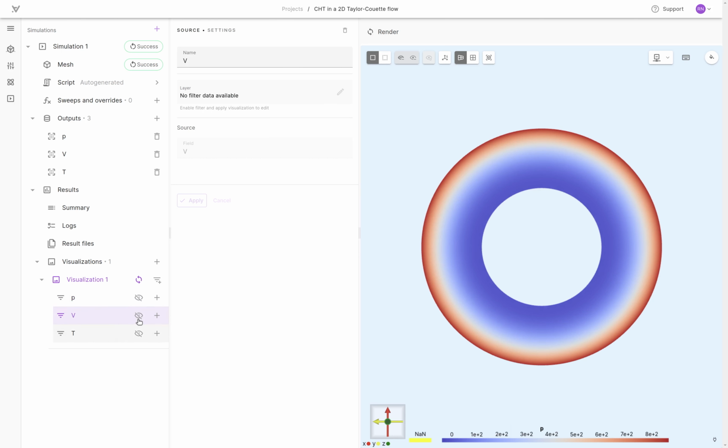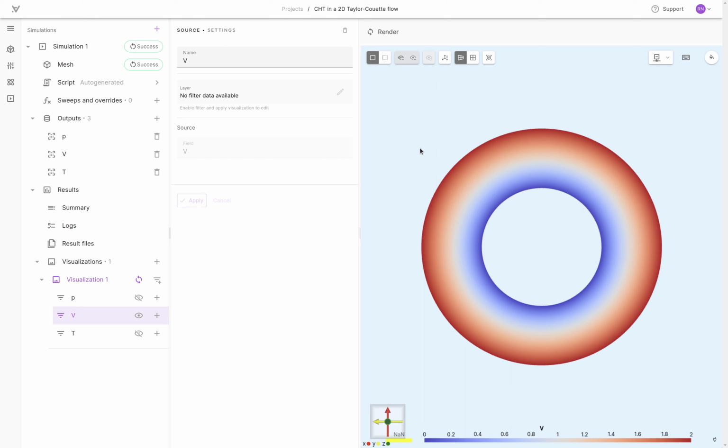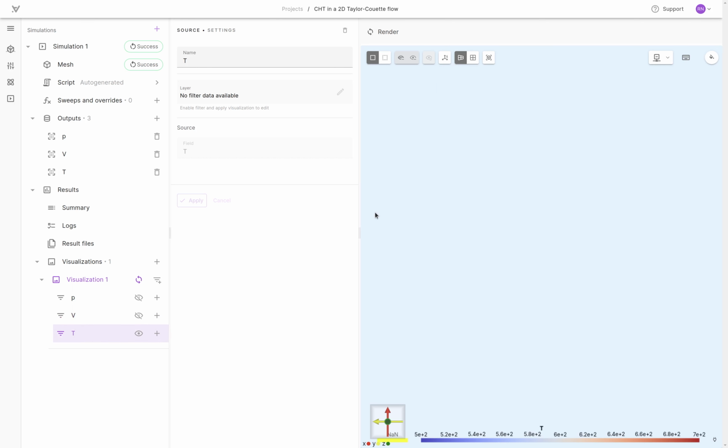Similarly, we can also visualize the velocity profile in the fluid domain. Then lastly, we can see the temperature profile in both the fluid and the solid domain.